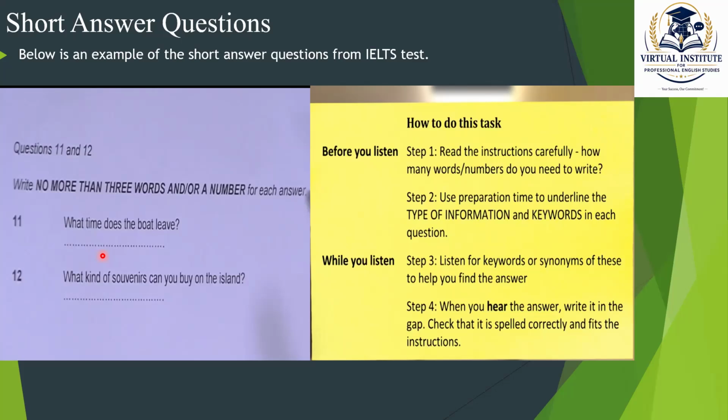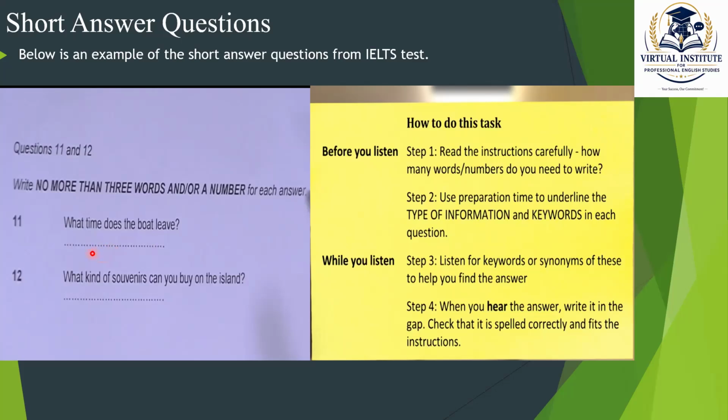Sir, words. Words? Okay. How do you talk about time? Do you talk in words or in numbers? Sir, numbers. Excellent. Yes.